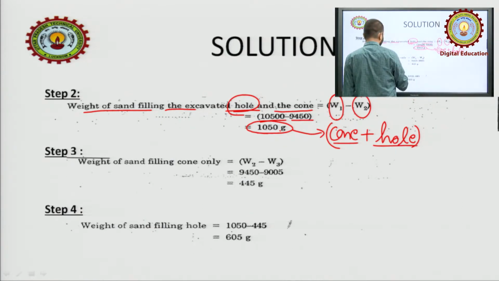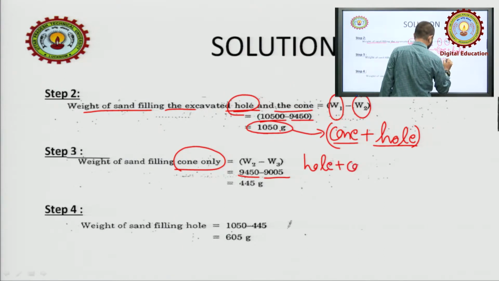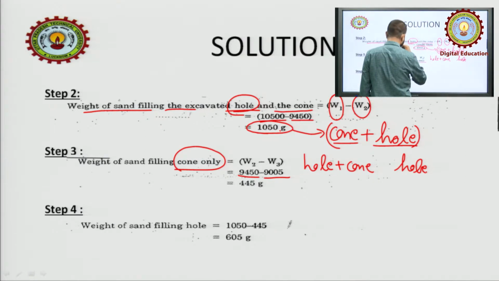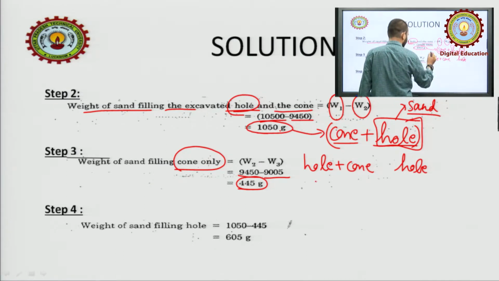Then if we are to find the cone only, what will we do? We will subtract the second and third readings, since hole plus cone was there and one was only the cone. So this will give you the cone only. Finally, if you want only the hole, how much sand was contained in the hole only, to find this we will subtract these two.